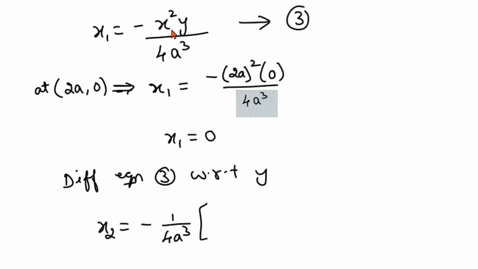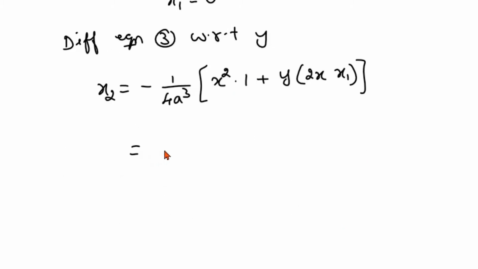Then for the differentiation of x squared y, I need to apply the product rule: x squared as it is, times the differentiation of y with respect to y, which is 1, plus y as it is, times the differentiation of x squared, which is 2x times x1. Simplifying, it is minus 1 by 4a cubed times (x squared plus 2x x1 y).